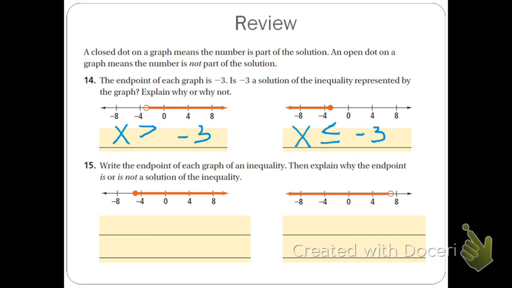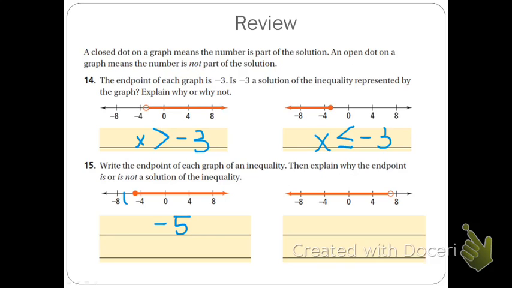It looks like it's at -5. With -5 as our endpoint, it wants to know, is -5 also a solution to this inequality? Well, because our endpoint is colored in, you would say yes. If they want to know the reason why, then you say because the endpoint is closed. And what do I mean by closed? It means that it's colored in.